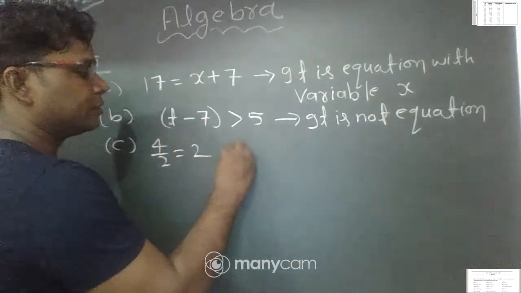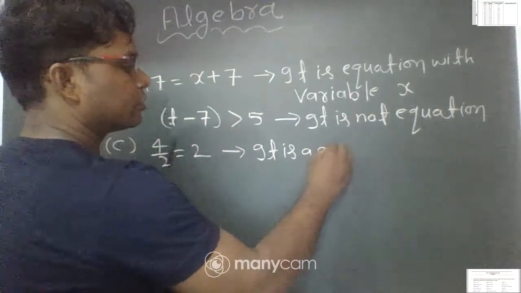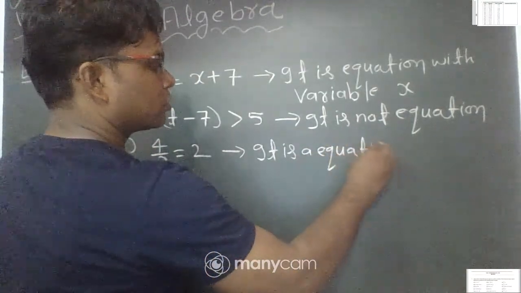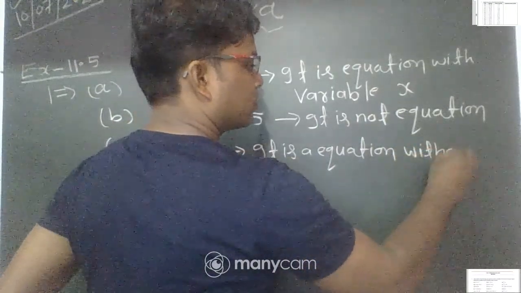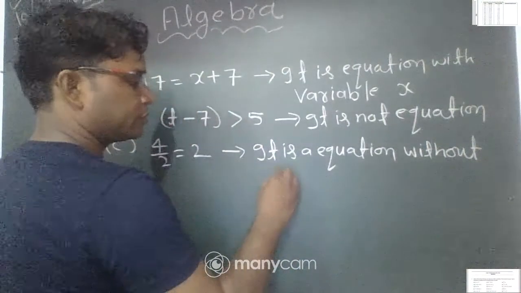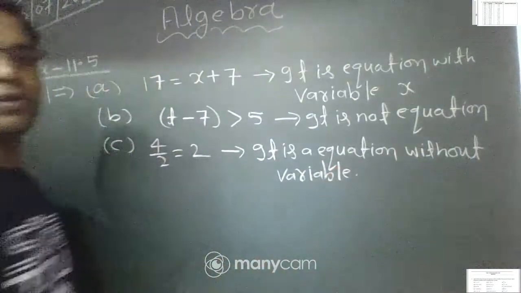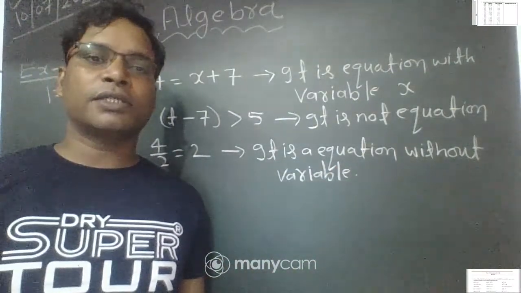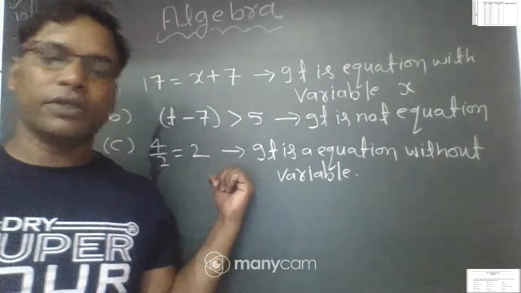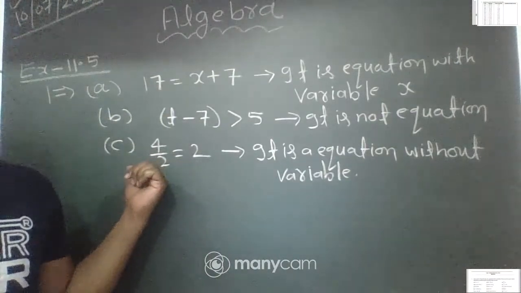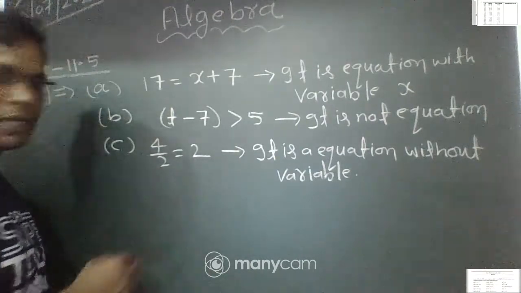So you can write here it is an equation without variable. Okay, this is also called a false equation. Such a type of equation is called a false equation. Okay, clear.